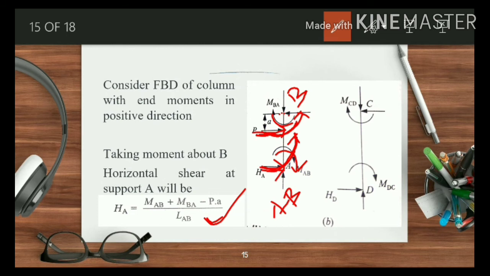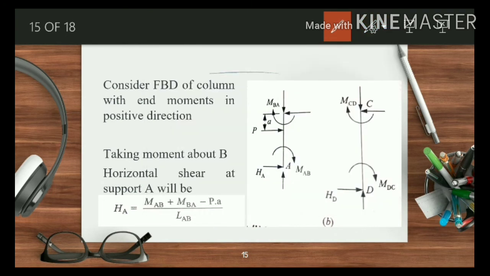Take that column, and if there is any horizontal load acting on AB, consider that free body diagram and take moment about the top joint B. Then write down the horizontal shear, that is horizontal reaction HA, in terms of the loads and moments.